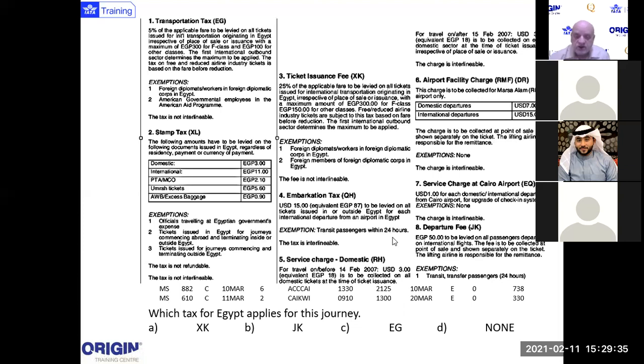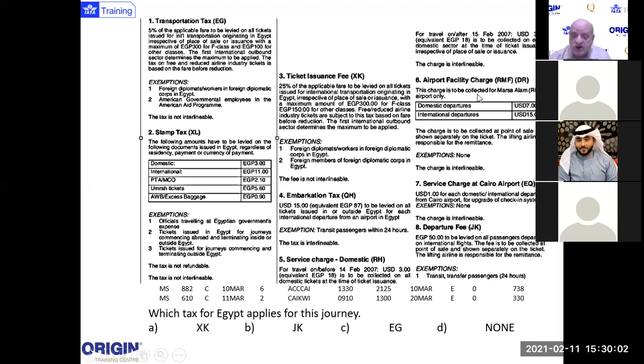Service charge, domestic. If you look at this journey from Cairo to Kuwait, is that domestic? No. Right, I don't pay that tax. It's for domestic only. Tax number 6, airport facility charge.